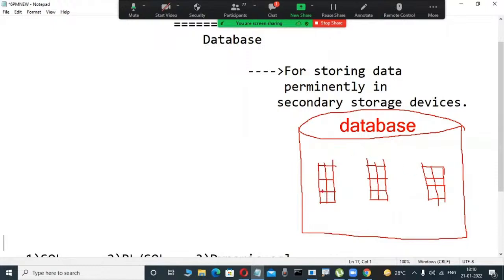That's why a structured collection of data is stored, and this data is operated using SQL, structured query language. Yesterday up to this point I told you, a small thing.